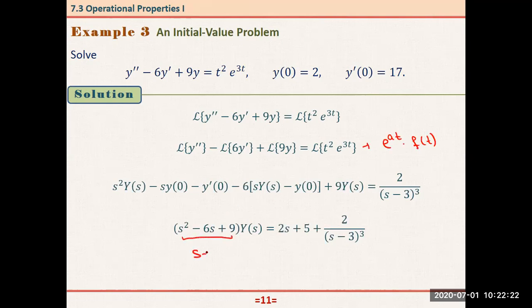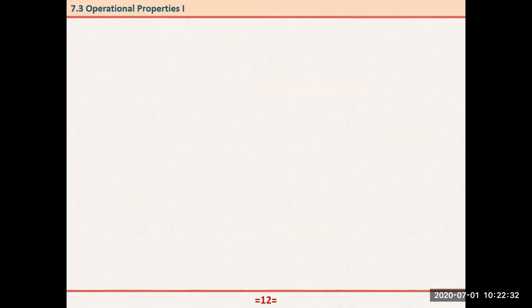That is s minus 3 squared. And dividing both sides by this, so this will come here, s minus 3 squared, and here we have s minus 3 to the power 5. That is 2s plus 5 over s minus 3 squared plus 2 over s minus 3 to the power 5.